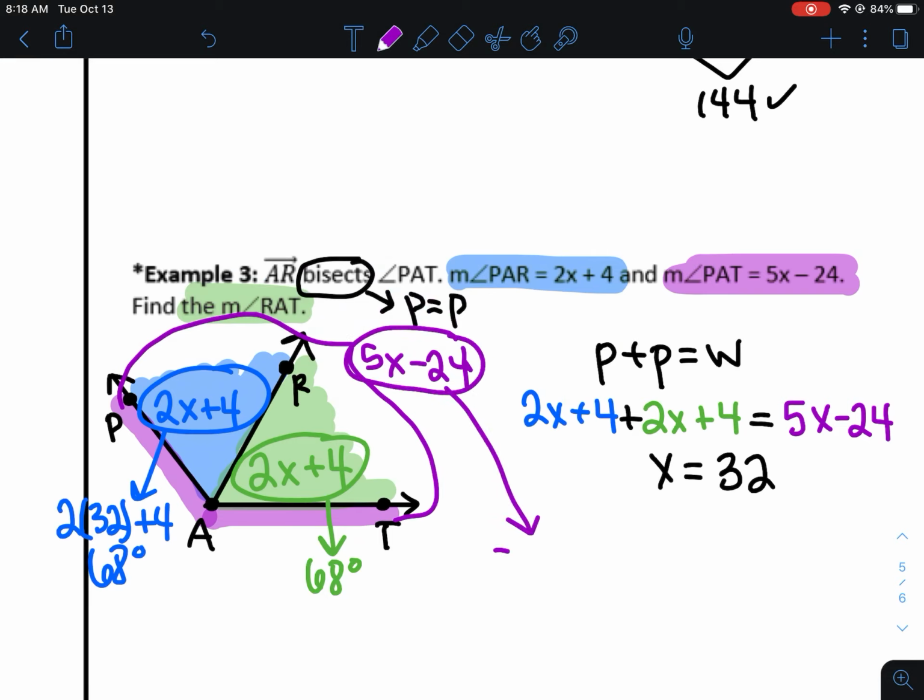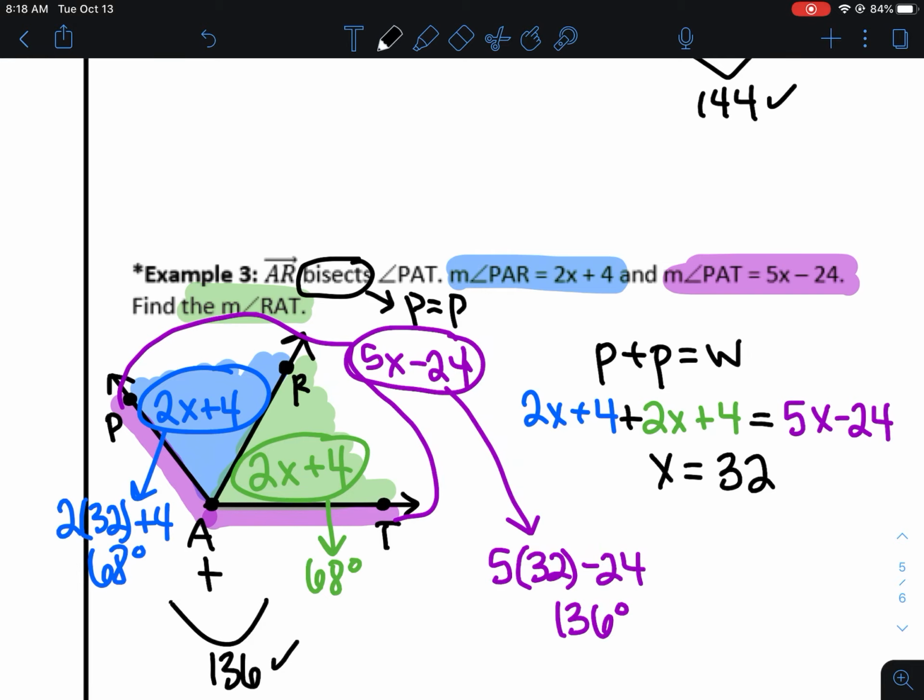So I'm going to come out here so I get some space. Okay, and then that one is going to be 136 degrees. Okay, and just make sure that when you add these two, that it equals 136 degrees, which it does.